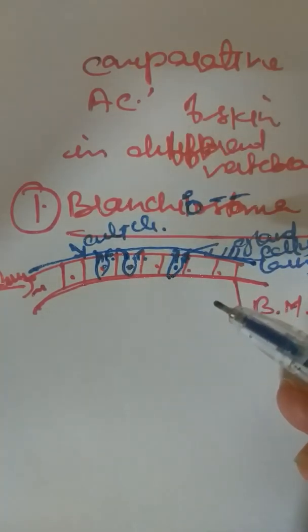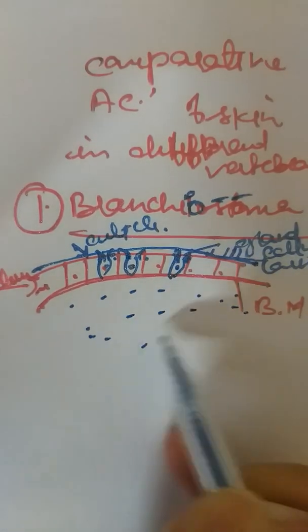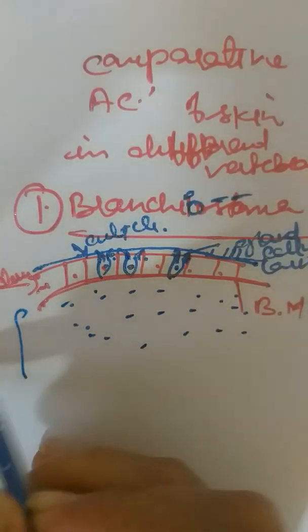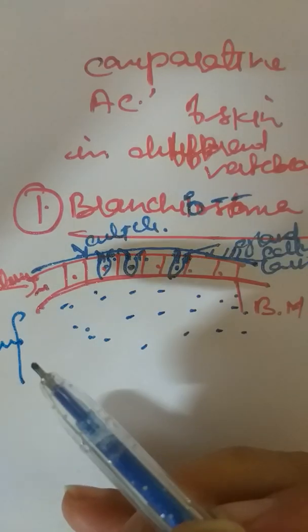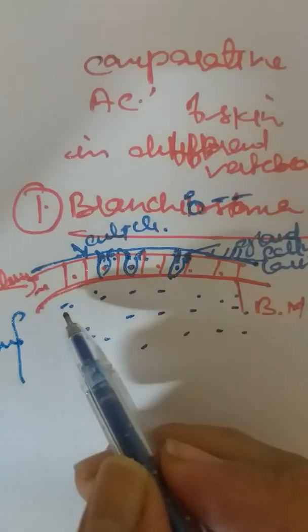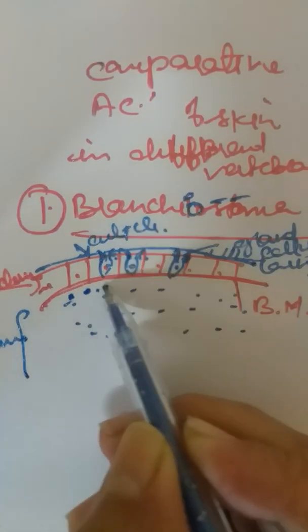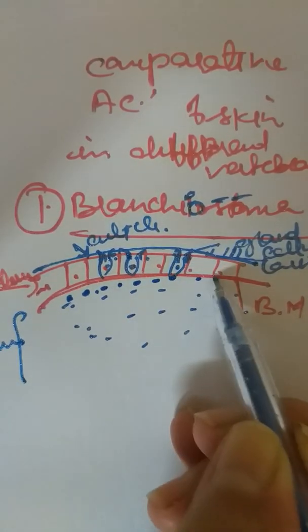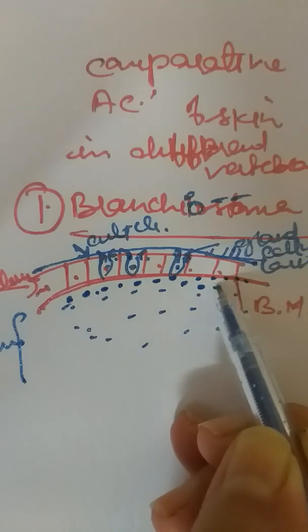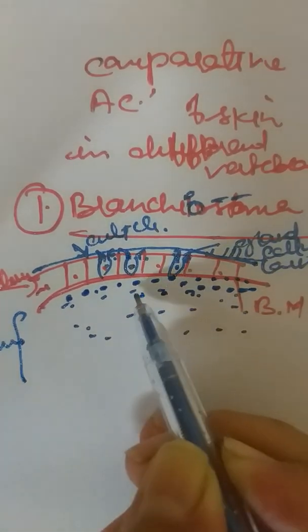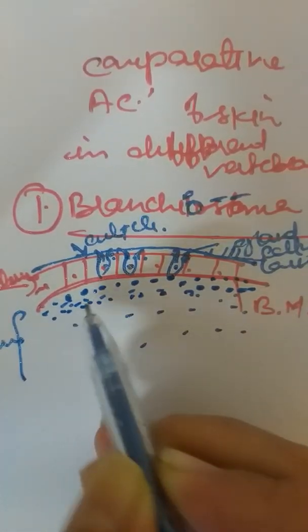Whereas the lower lying layer is the dermis, and dermis is composed of soft connective tissue. This layer is the dermis layer, connective tissue, and it is divided into two layers. The outer one is a thin compact layer.